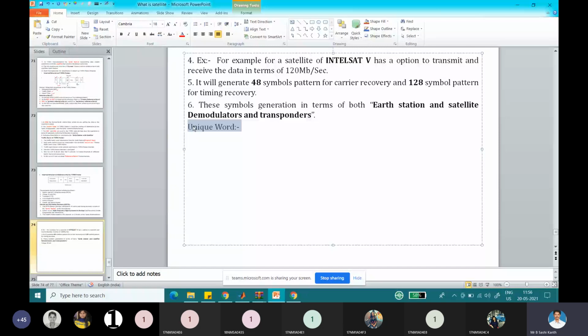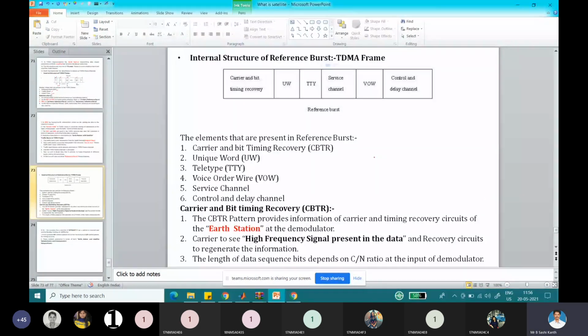We have discussed about CBTR now. This is used for the carrier and timing recovery circuits, which look after the high frequency signals and regenerate the information. Before doing that, we will see the length of the sequence that we are getting to the demodulator.